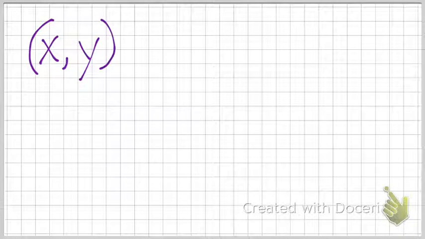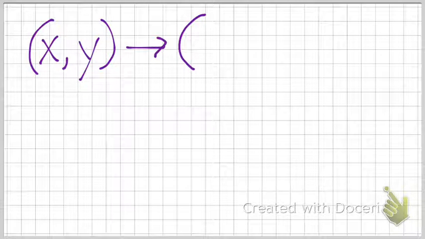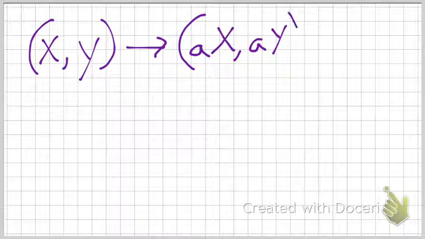Okay? If we're going to use algebra to solve this, basically we're going to say x and y. And you're always going to multiply your x and your y by something, right? So we'll put a placeholder to represent all numbers. For now, we'll say ax and ay, where a represents the scale factor.